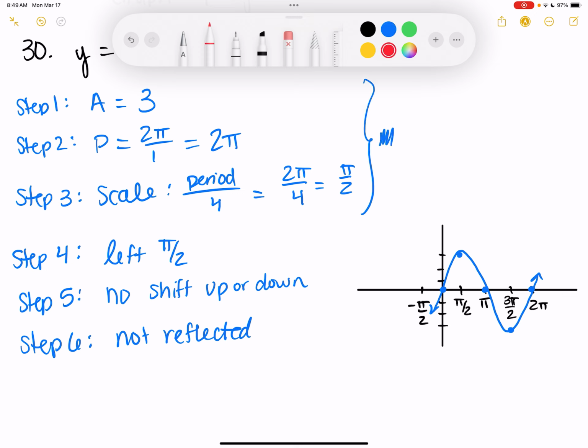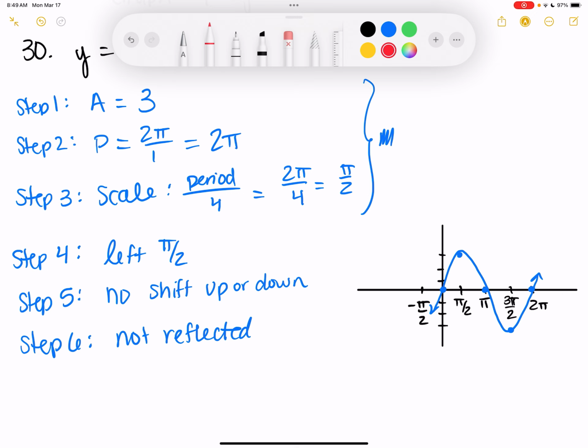Now if any shifts are happening, if the graph is reflected at this point, I would do the reflection. Sometimes I start out with the reflection just so that there are fewer graphs happening because people tend to get confused, but it's up to you. But now I know this is going left pi over 2. If it was also going up or down, I would do all of this in one step.